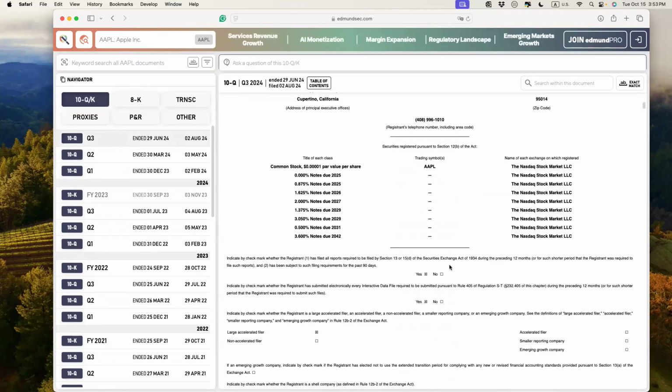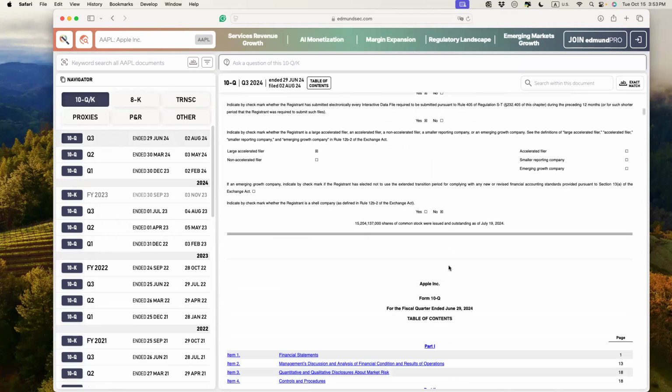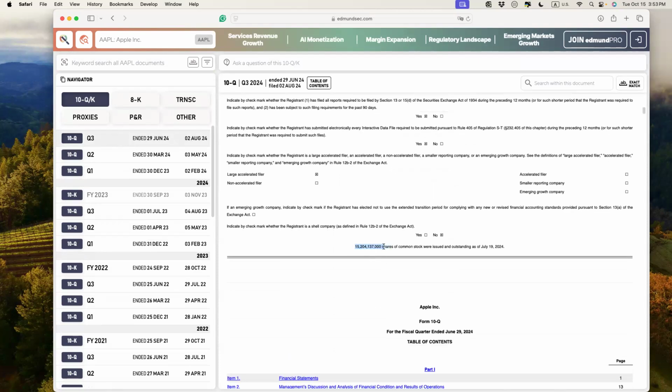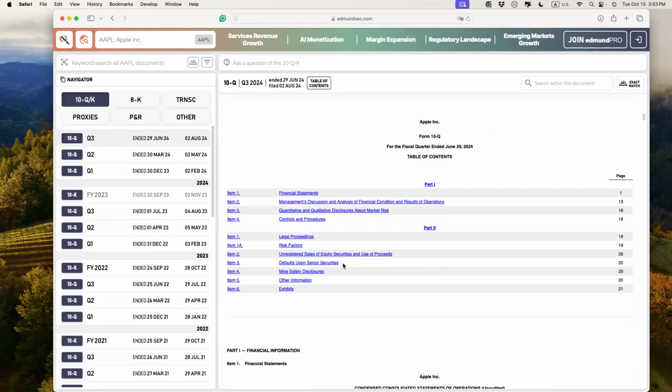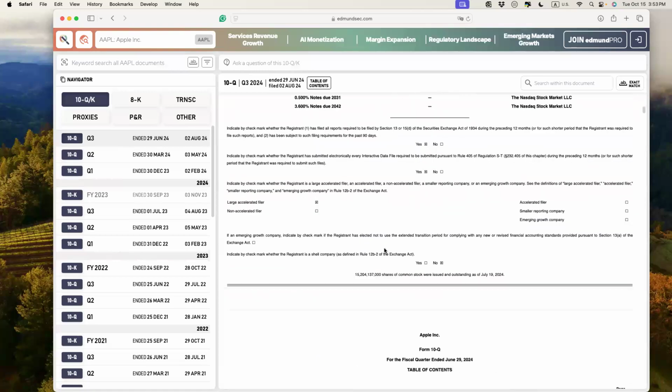So one way to find the basic shares outstanding, you can check the first page of the 10Q or 10K. At the very bottom of the first page, normally they will give you the basic shares outstanding as of that 10Q's filing. So this is one way to get the basic shares. And of course, if you use this way, then you do need to search the notes from the 10K or 10Q to see what other things are provided.